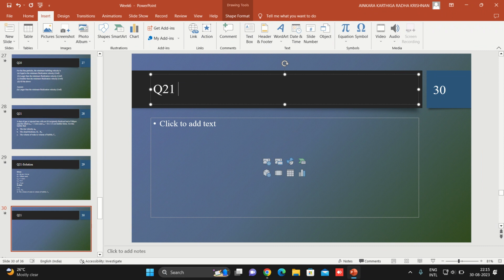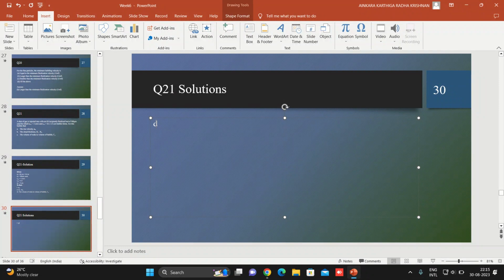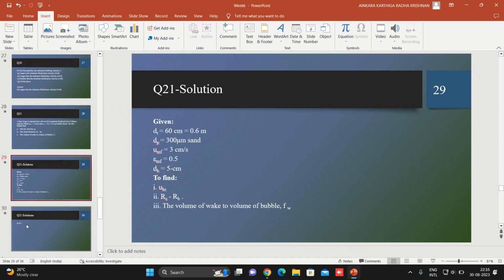Question 21, we are dealing with solutions. dB is 5 centimeter and dt is 60 centimeter.